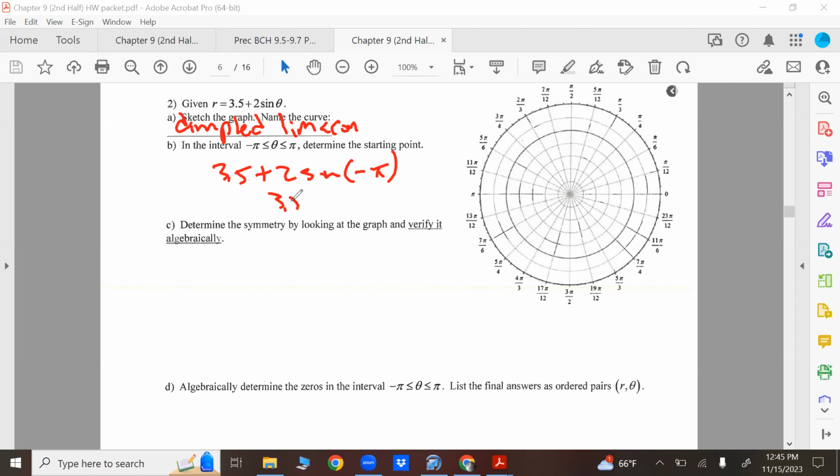So you get 3.5. So 3.5 comma negative pi. But if it's negative pi, it goes this direction. So that's, let's see here, 1, 2, 3. So it'll be over here somewhere.